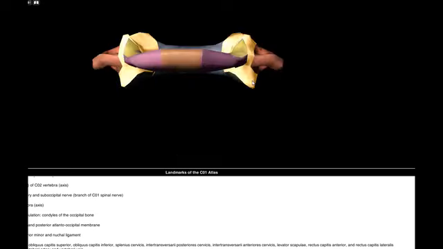The other component is that the transverse process of the atlas is actually a little bit bigger than the other vertebrae, and we can actually palpate the transverse process just posterior to the mandible.